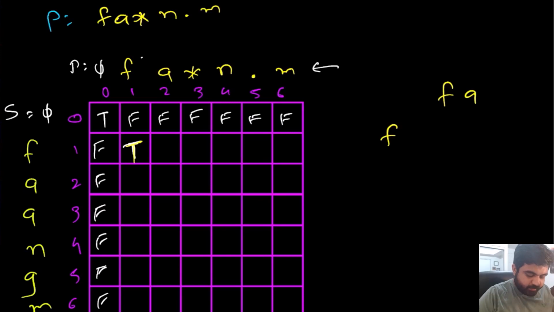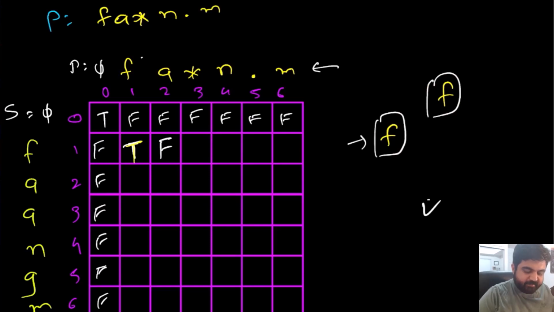No, so this is going to be false. Again, currently the value is FA star and the only value we have is F. Is this a match? Yes. Why? Because for this A star, we can consider this to be an empty string, or zero values of A. Then we will have no values over here, so this F and this F match.